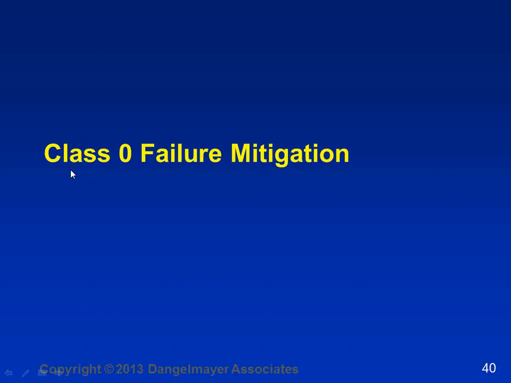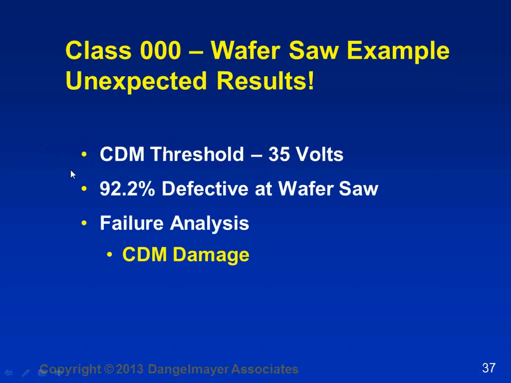Now there are several, let me go back here just a sec. There are several techniques that are involved here, but event detection is one of the better choices. You can monitor ESD events in the wafer saw operation to determine if they're occurring.